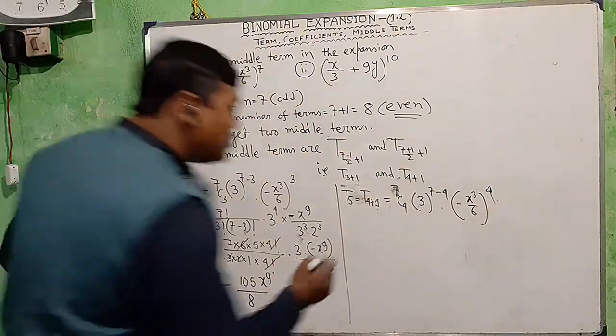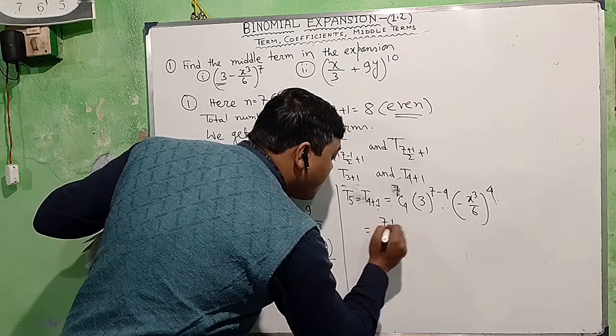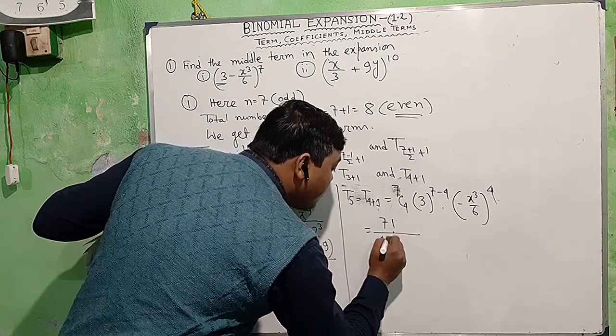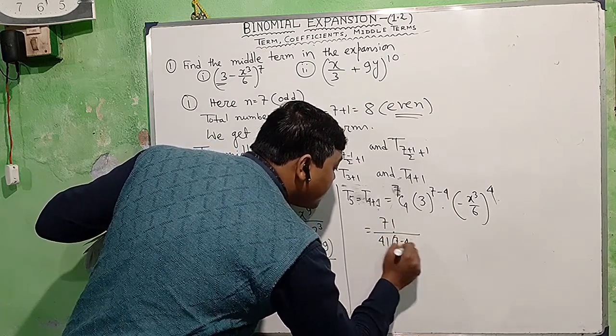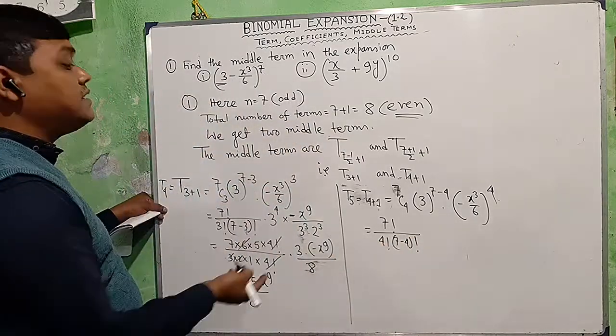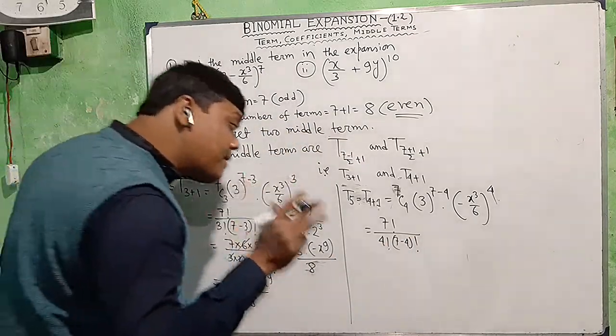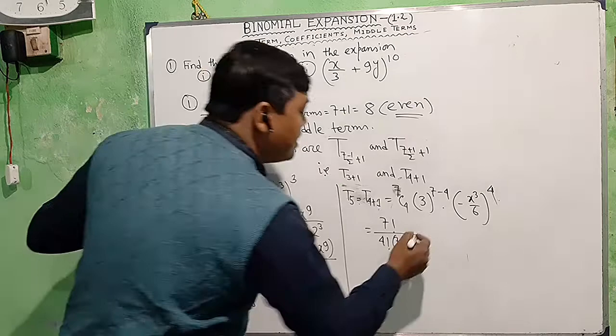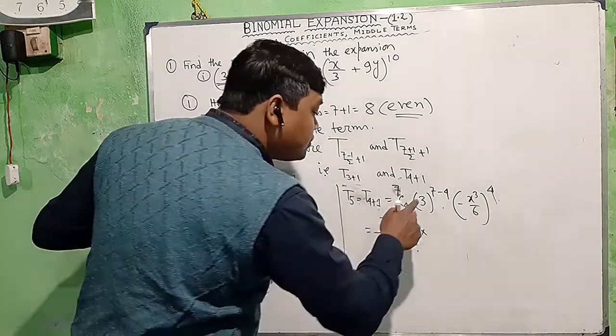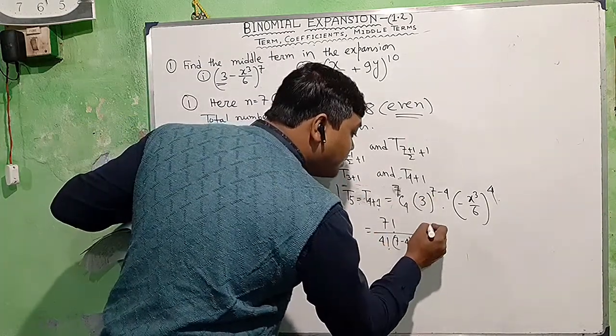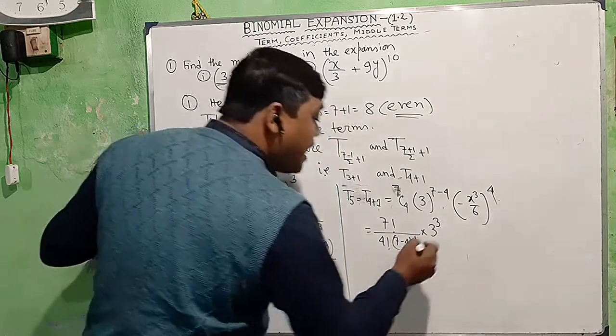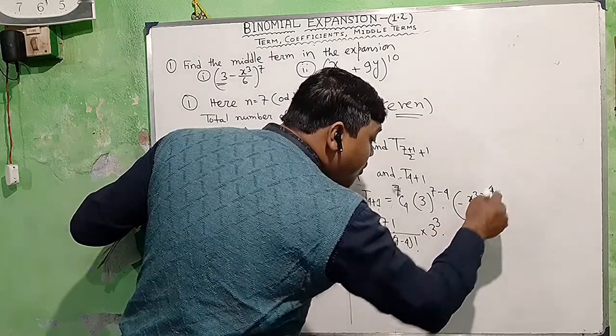So next we have to also calculate 7 factorial by 4 factorial into 7 minus 4 factorial. We can put 7C3 and 7C4, both are the same value, but I have not mentioned. Don't be confused.